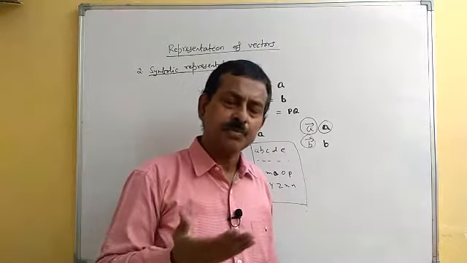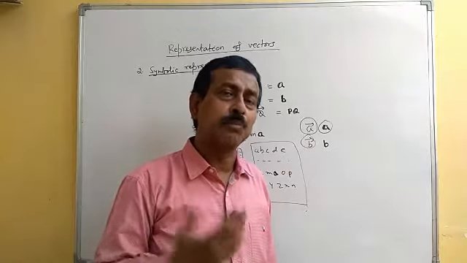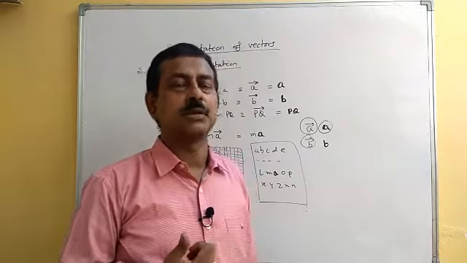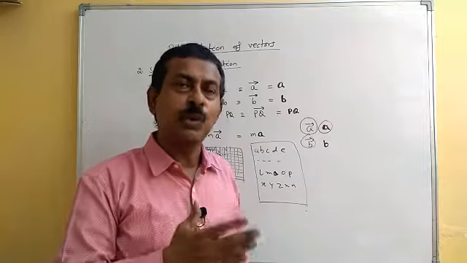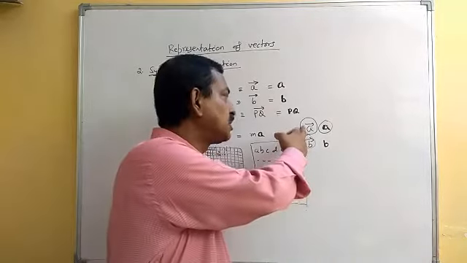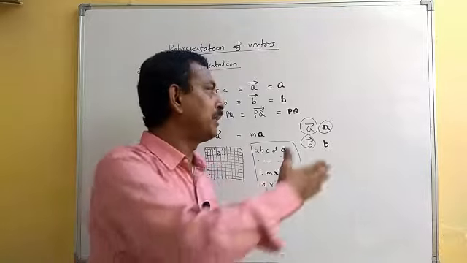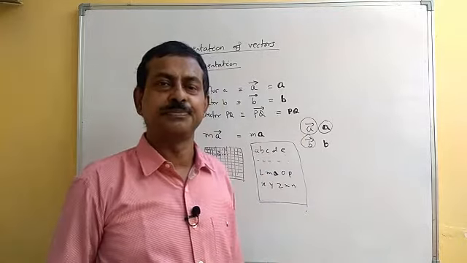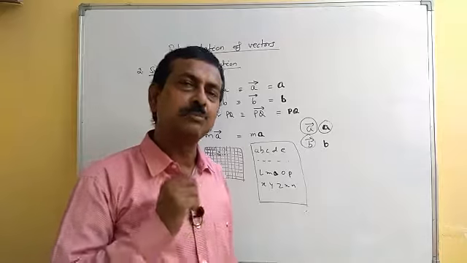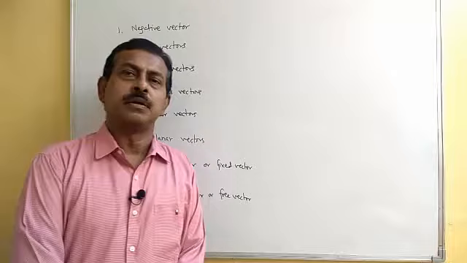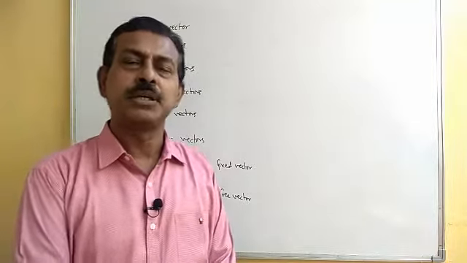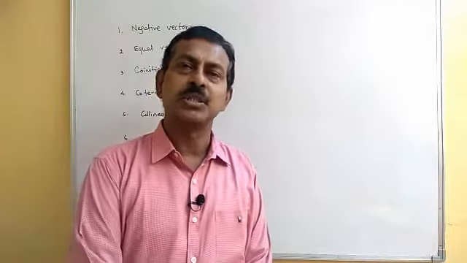Of course, in the new editions of some very popular and common books by foreign authors, you will find they have used symbols like this for vectors, whereas in old editions you will find bold-faced letters. So this is the representation of vectors. Now let's discuss some of the terms which we will come across in this chapter.